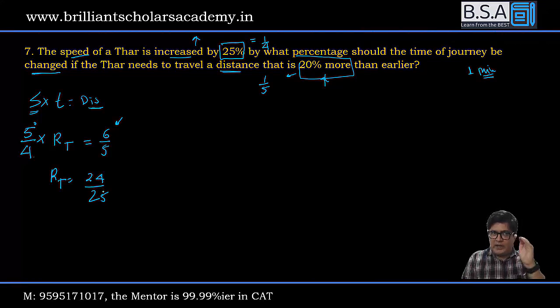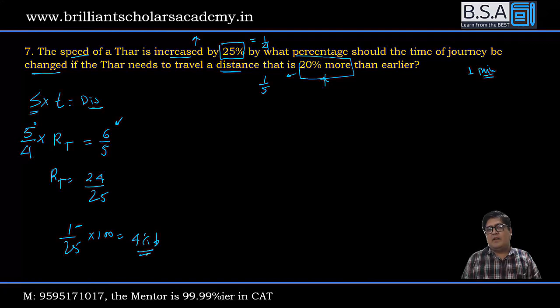Look at the numerator. Is it more than the denominator or less? There is one value less, on 25. So what percentage will that be? 4% less. You will need 4% less time to complete your task to match your target.